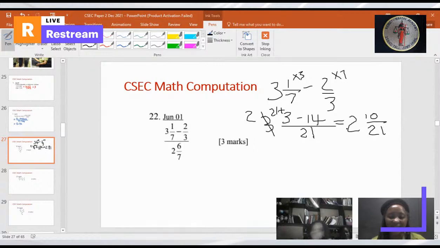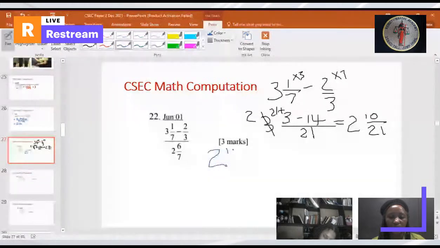So that's the answer for the numerator. Now we need to divide it by this. So it's 2 and 10 over 21 divided by 2 and 6 over 7.